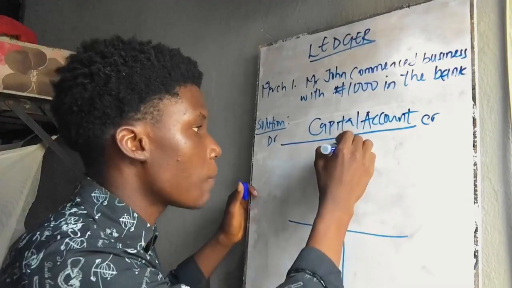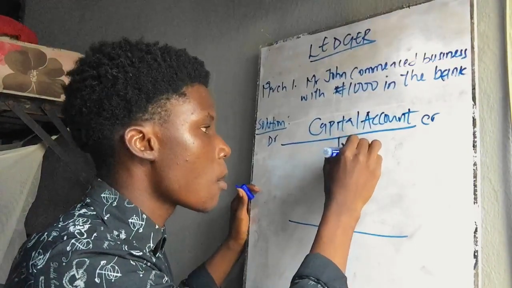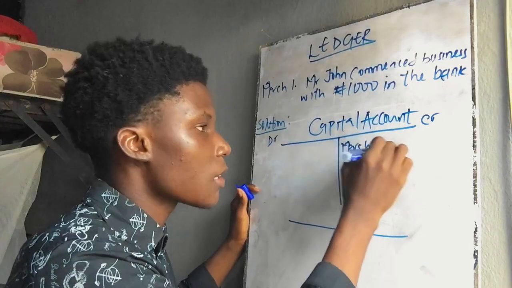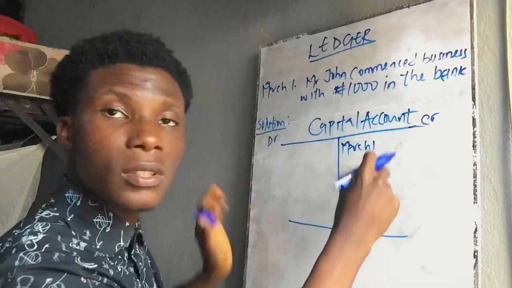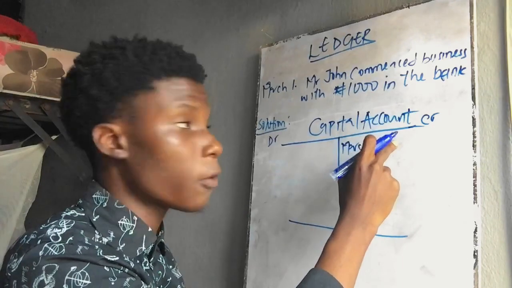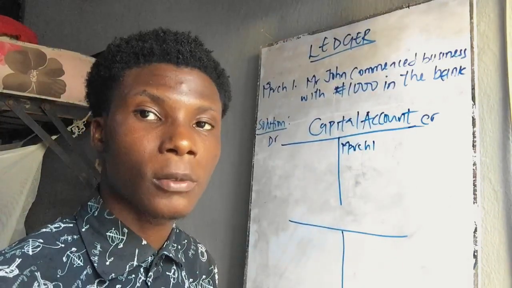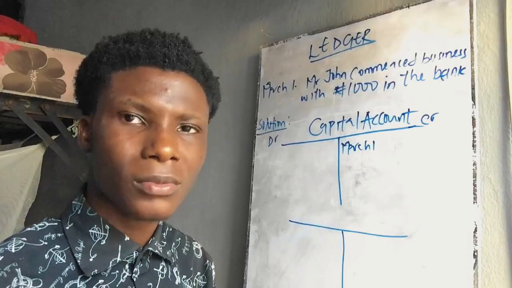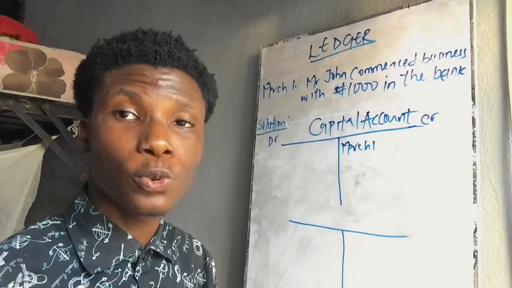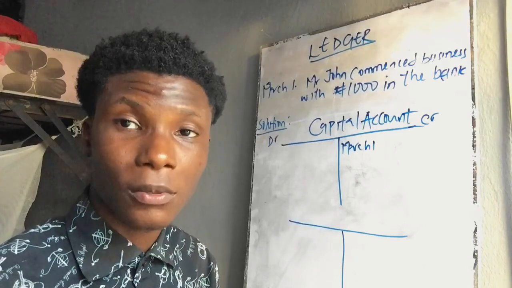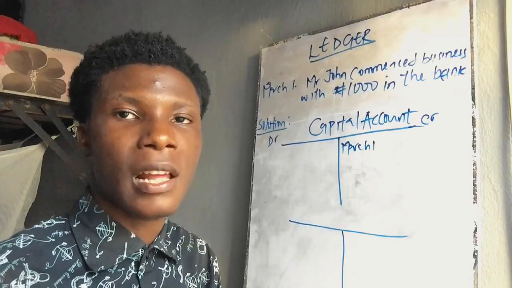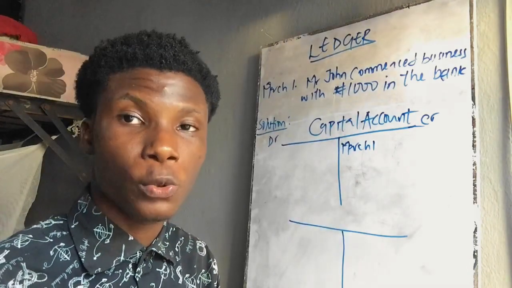So we start by putting the date, March 1st. Now this is the place for particulars. What are particulars? Particulars are details or a summary of the account, explaining what you are doing.